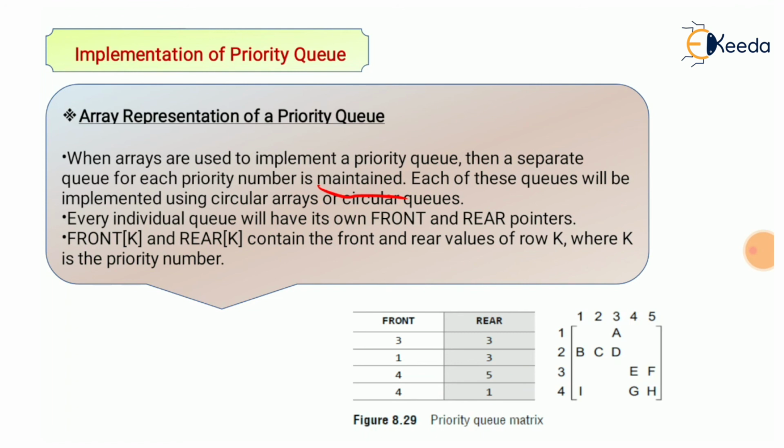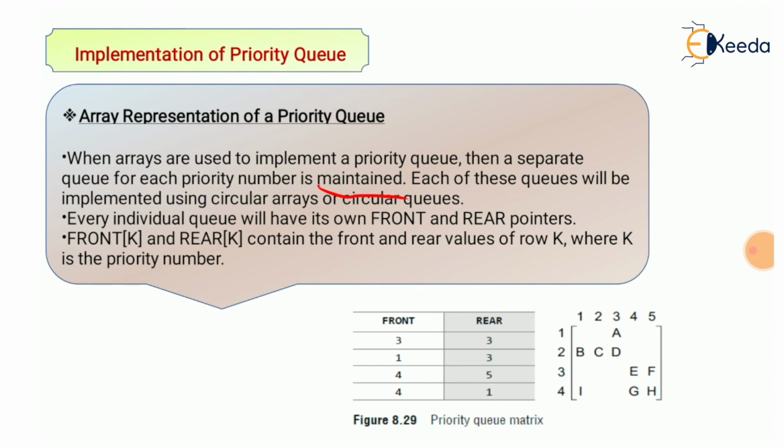In this, every individual queue will have its own front and own rear pointers. We know that from the rear end we insert the element, and from the front we delete the element from the queue.